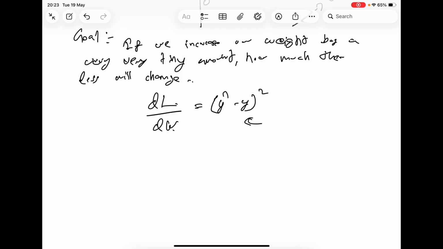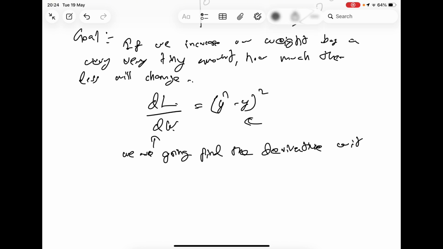What we call here is that we are finding the derivative with respect to w. So that's the word, right? We are finding the derivative with respect to w.